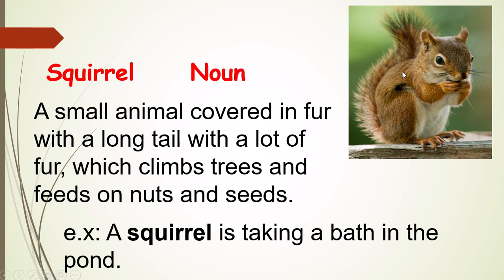It climbs trees and feeds on nuts and seeds. This squirrel is going to eat nuts and seeds and it can climb trees. Super. Does this word have a synonym or antonym? No.